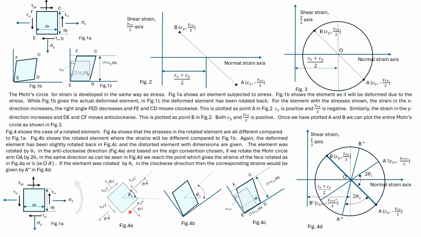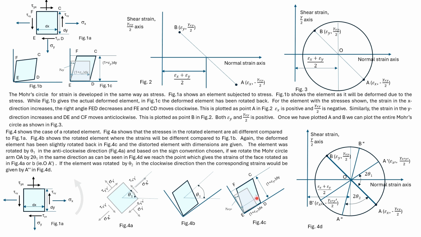Since the stresses acting on this element are all different, the strains also will all be different. Here again the distorted element is shown. In this figure we have rotated this element slightly so that the shear strain is shown on one side, and we have shown all the normal strains and the shear strain.